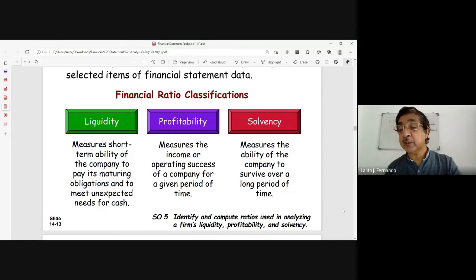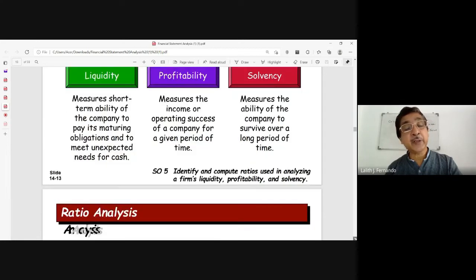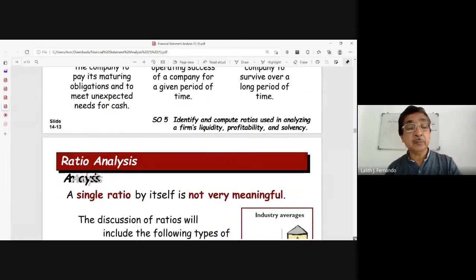So these three types of ratios will give us a better understanding of an organization. And when you go into these ratios, we have to get the benchmark by looking at the company's industry or the nature of the company. And there can be industry averages available.